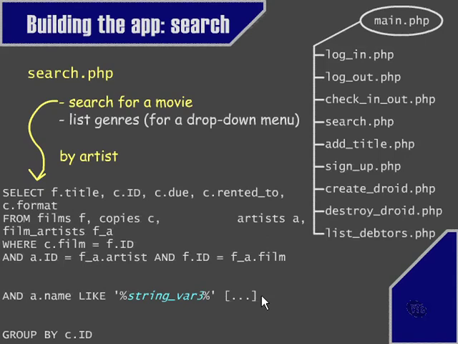The search criteria is that a certain artist is included within the artists that worked on the film. Separated by OR operators, we could put in several of these specific criteria for searching.